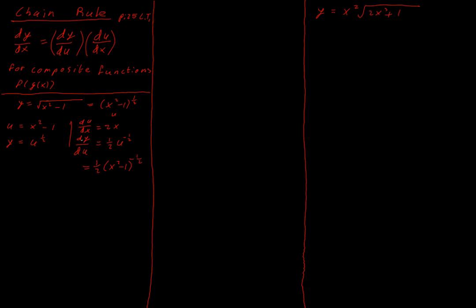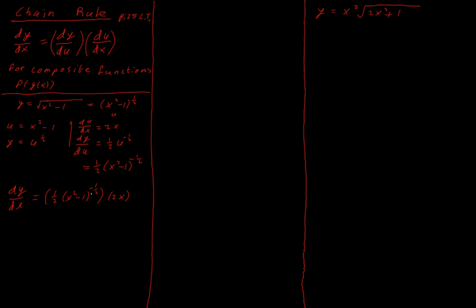So now I have dy du and du dx. So dy dx is equal to dy du times du dx, as so. And then we just tidy this up.